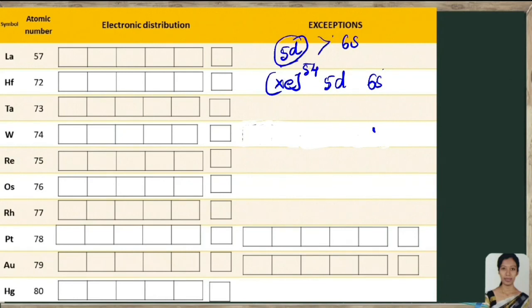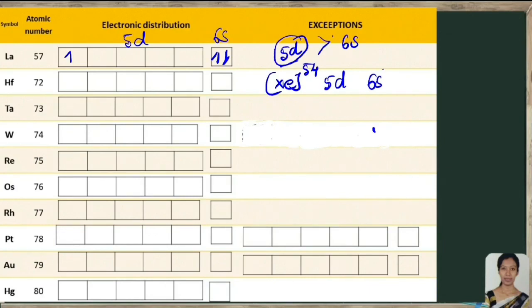After that, we'll write the electronic configuration for lanthanum. So xenon 54, 6s2, 5d1. The last valence electron will be in the 5d orbital.